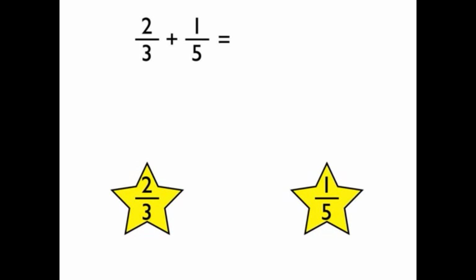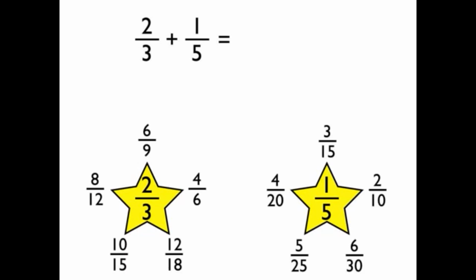The next step is for each of those fractions to draw around it equivalent fractions to itself. So for 2/3 I've written 4/6, 6/9, 8/12, 10/15, and 12/18. These are all equivalent fractions to 2/3.